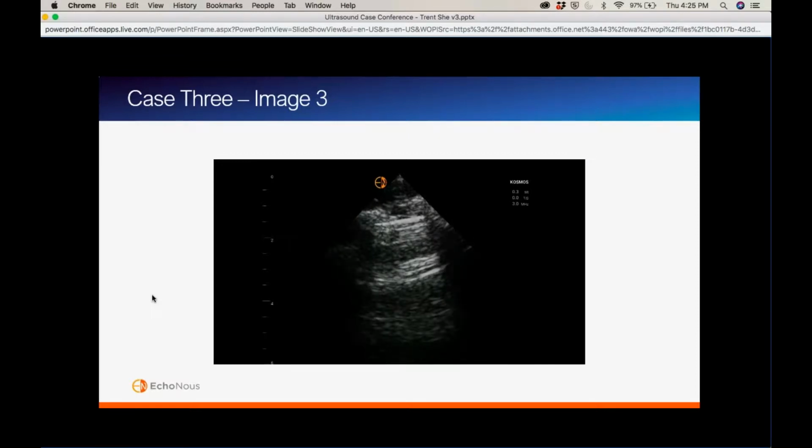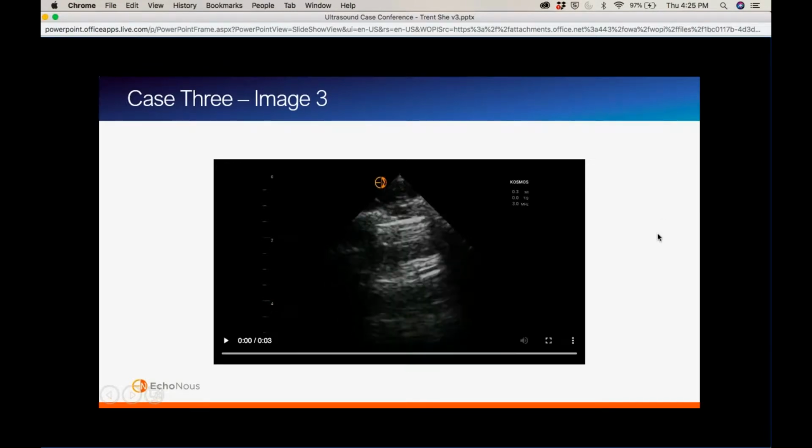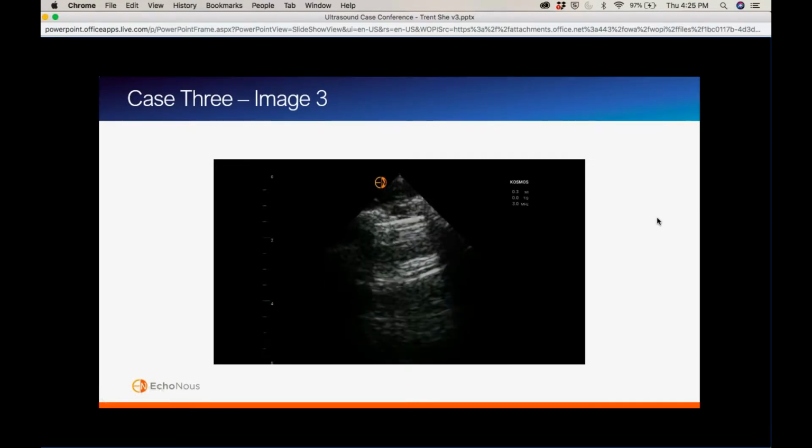This patient just had ultimately really, really bad asthma that caused him to have such a prolonged expiratory phase that he just never really had great lung sliding to begin with. And I agree, this is hard to tell. Fortunately we had the patient there and we had other clinical pictures, but the image is really hard.